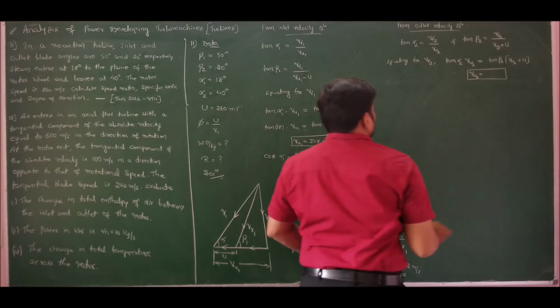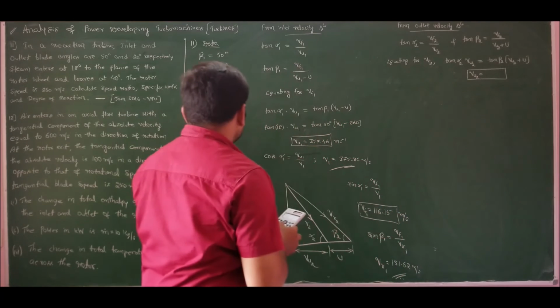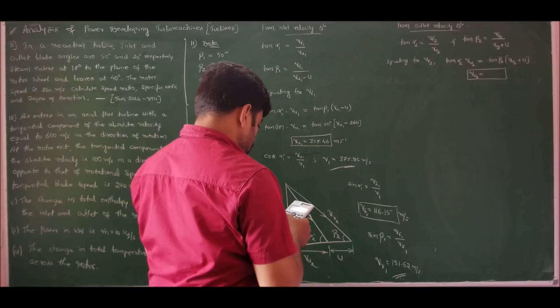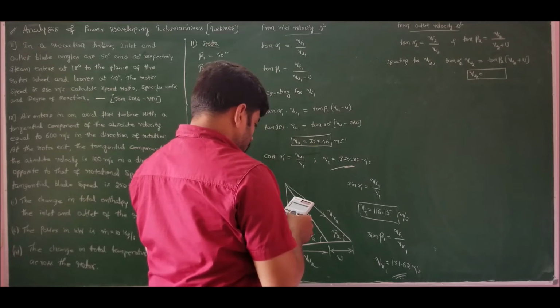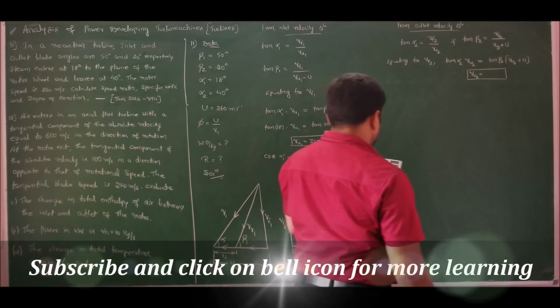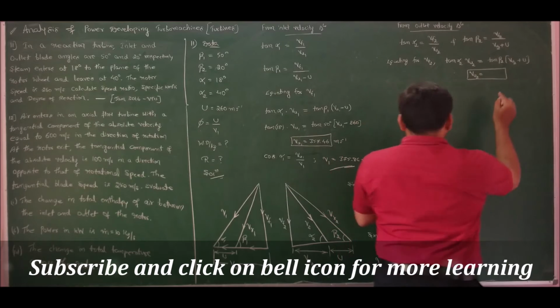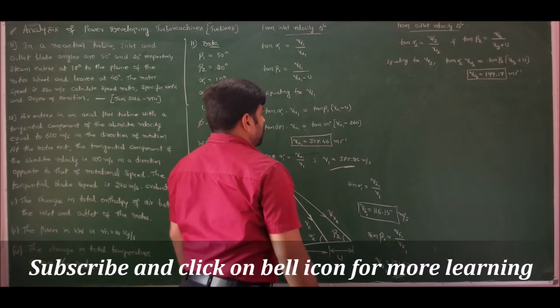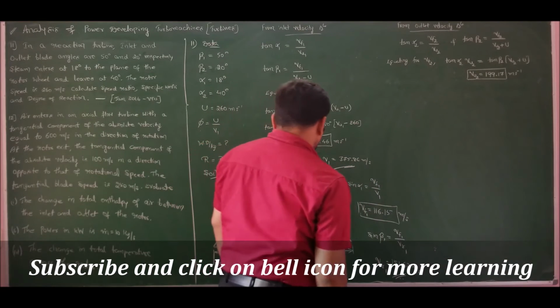We know all the values. Tan alpha 2 is known, tan 40 degrees. If I solve, I'll get the value of Vu2 as 199.171.